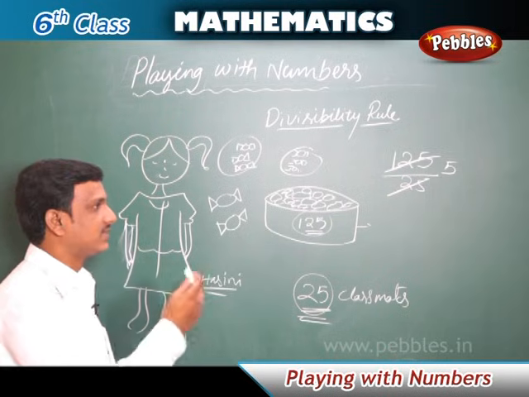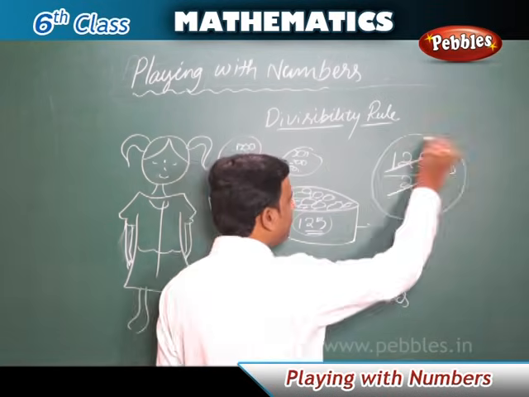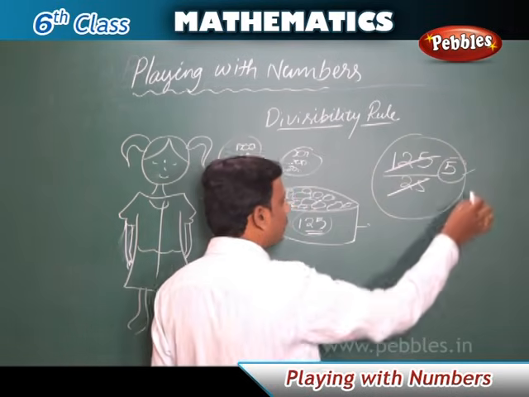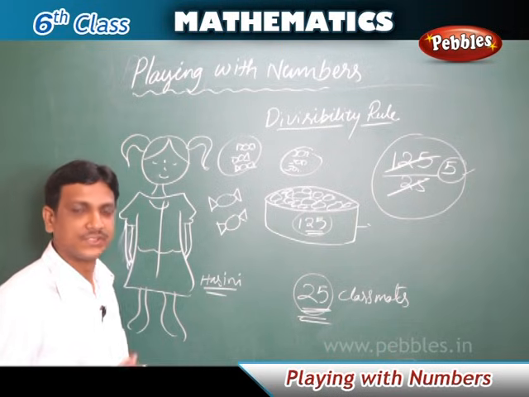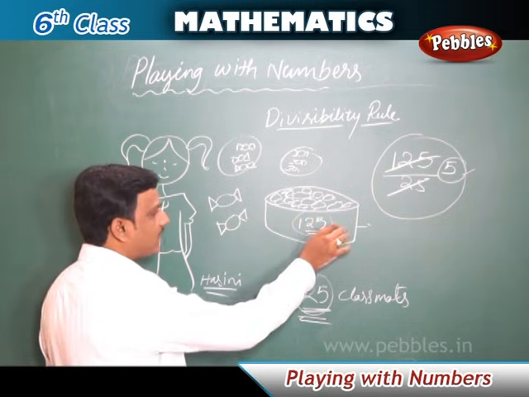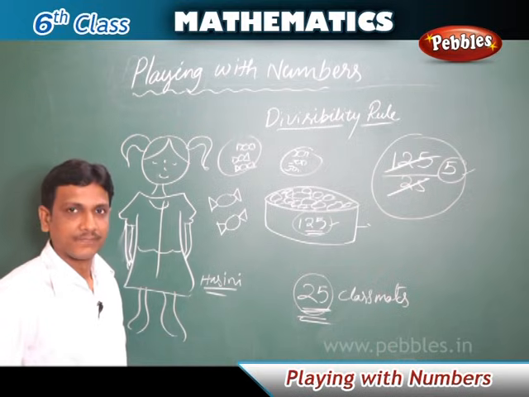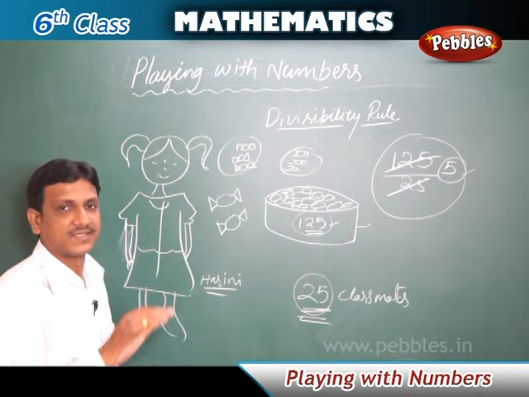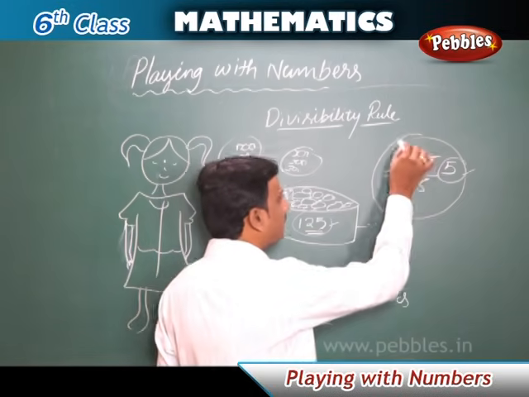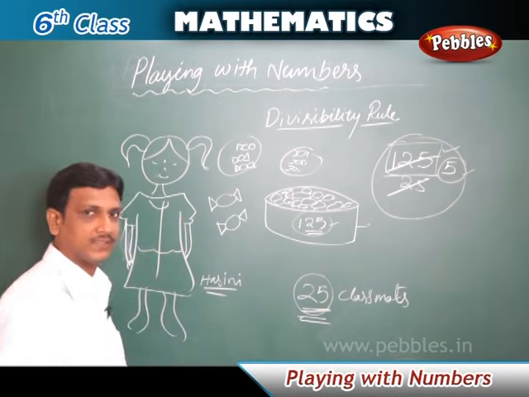If she distributes 5 chocolates to each student, all the 125 will be distributed without any remaining. So we know that by division, and here 125 is a small number, so we can find out just by doing division.